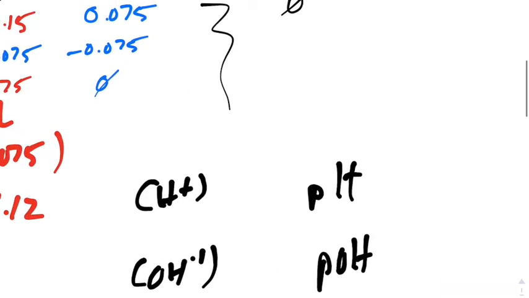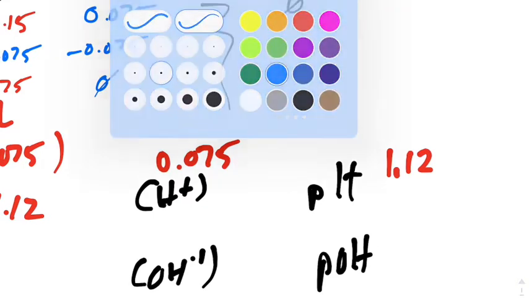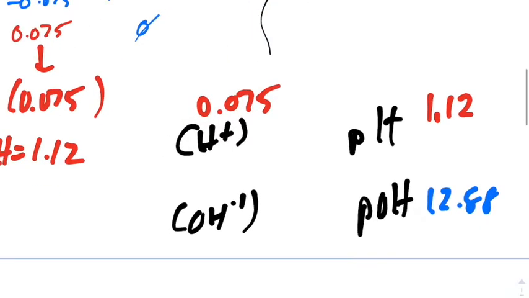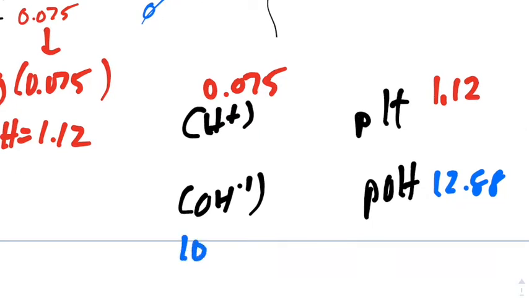If I know that my H is 0.075 and my pH is 1.12, that means that my pOH is going to be 14 minus that. So that is going to be 12.88 that's here. And then my OH negative is going to be 10 to the negative 12.88.